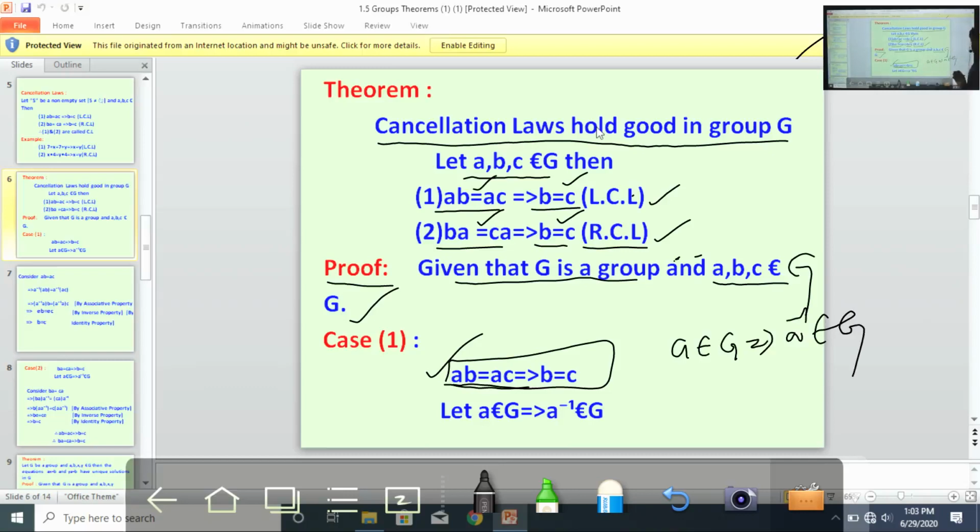Because G is a group, and dot satisfies the properties closure, associative, identity, inverse. So by the inverse property, if A belongs to G, A inverse also belongs to G. Similarly, if B belongs to G, B inverse also belongs to G, by the inverse property.